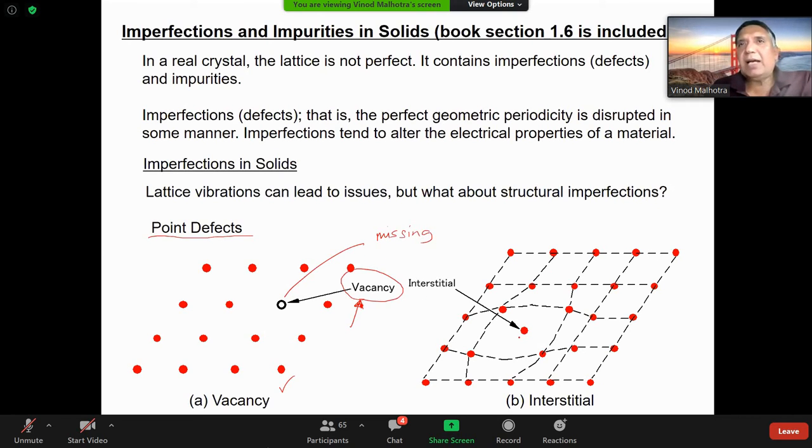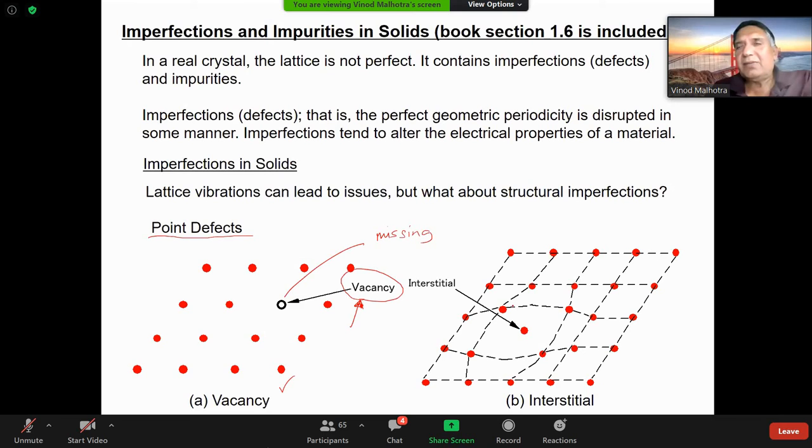What if you have an atom where it's not supposed to be? We have all the other atoms at the correct lattice points to make the crystal. But there is one particular atom which somehow got incorporated at this particular point, and it's not supposed to be there. So you can see how the lattice is stretched.